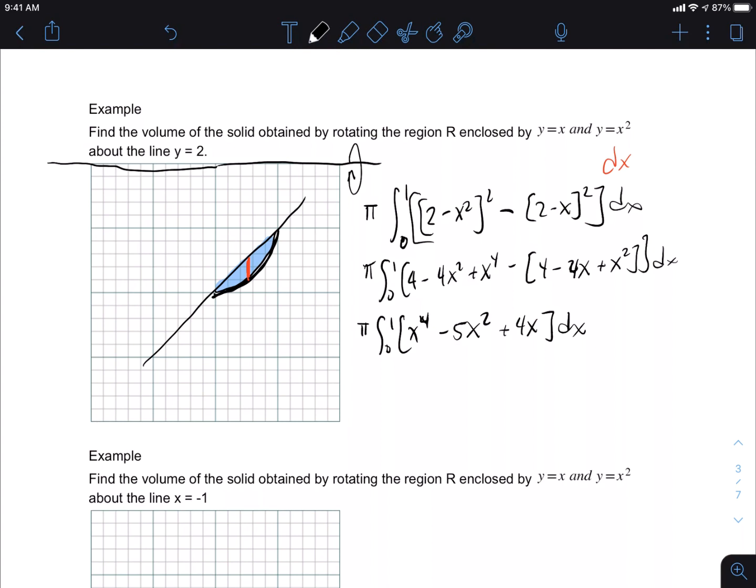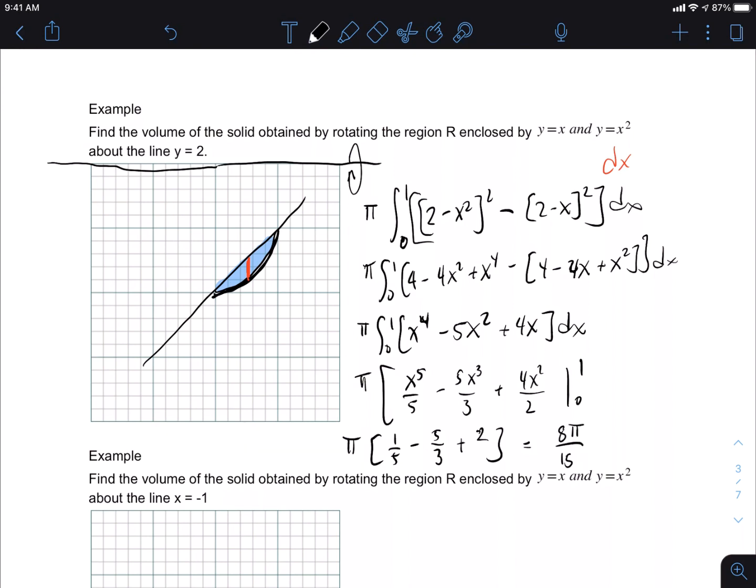Good. Okay. So then that should be pi times x to the 5th over 5 minus 5x cubed over 3 plus 4x squared over 2 evaluated from 0 to 1. And that's going to be pi times 1/5 minus 5/3 plus 2. And that should be 8 pi over 15. And again, units cubed.